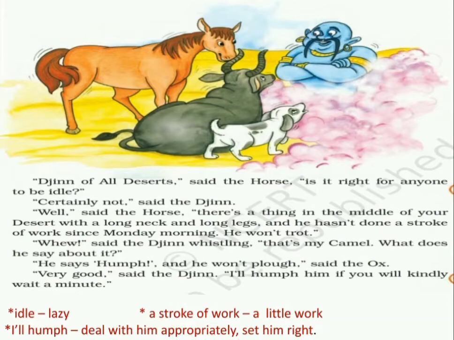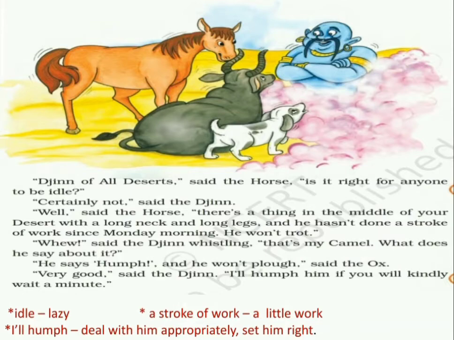Idle means lazy. "Certainly not," said the jinn. "Well," said the horse, "there's a thing in the middle of the desert with a long neck and long legs, and he hasn't done a stroke of work since Monday morning. He won't trot." So here this horse is complaining to the jinn about the camel.